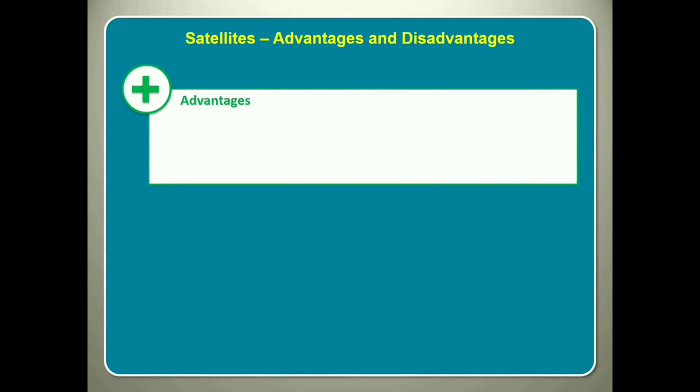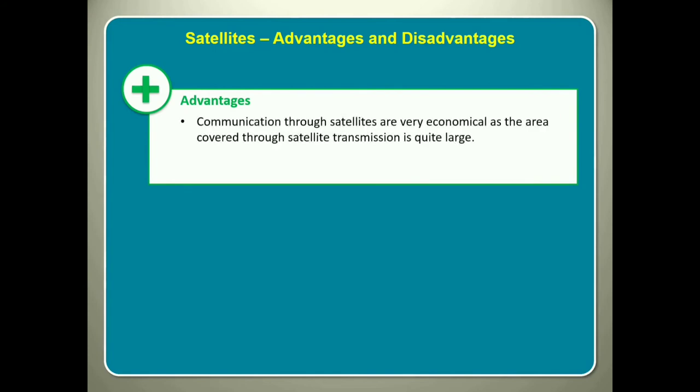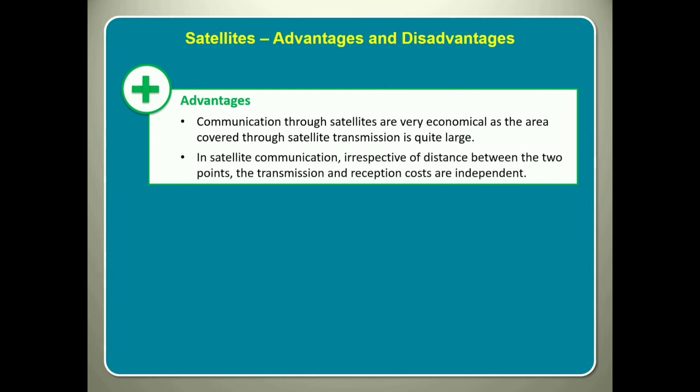Advantages of satellites are: communication through satellites is very economical as the area covered through satellite transmission is quite large. In satellite communication, irrespective of distance between the 2 points, the transmission and reception costs are independent.